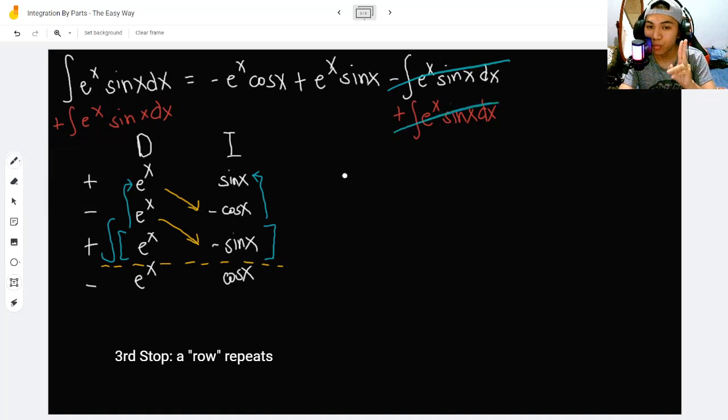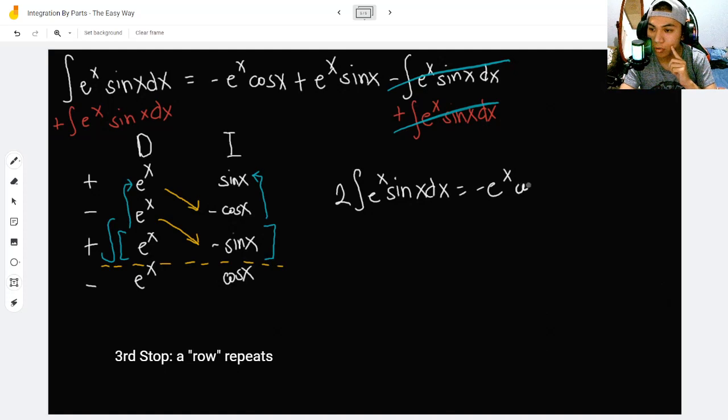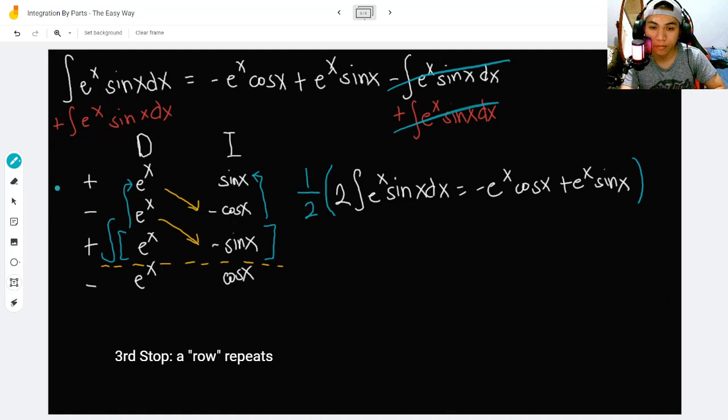So now we are left with 2 times the integral of e to the x sine x dx is equal to negative e to the x cosine x plus e to the x sine x. Okay, and to negate the 2, we shall have to multiply everything by 1/2, so that the 2's will cancel.